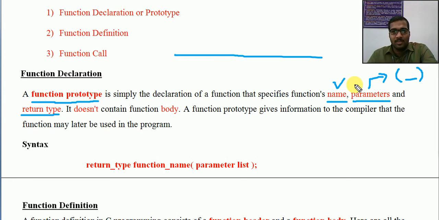What is being returned: an integer value, a number, a character, or a string. The type that is being returned back to the caller is called the return type. So these three things of a function must be specified when we are declaring a function or using a function prototype.